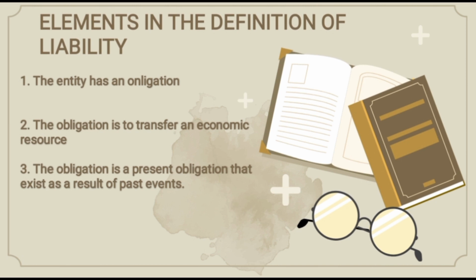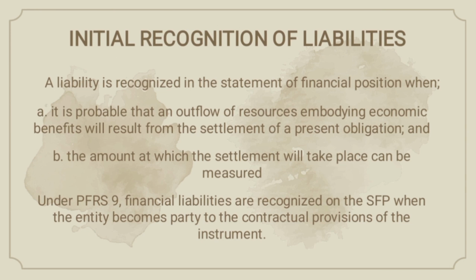The third element is that the obligation is a present obligation that exists as a result of past events. A present obligation exists as a result of past events only if the entity has already obtained economic benefits or taken an action, and as a consequence, the entity will or may have to transfer an economic resource that it would not otherwise have had to transfer.